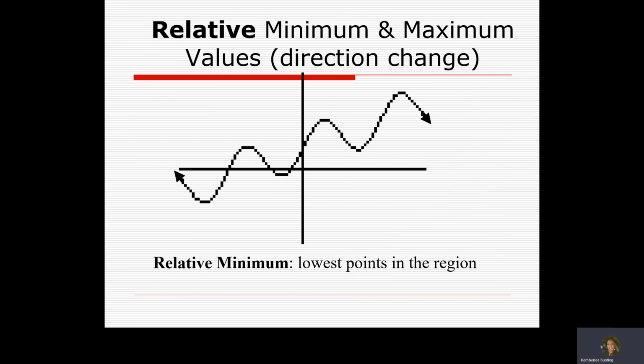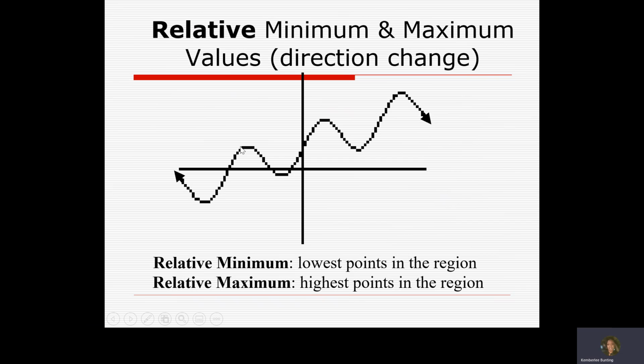The lowest point in the region on a graph, okay? And also, the relative maximum in the same vein would be the highest point in the region, okay? Highest point in the region.